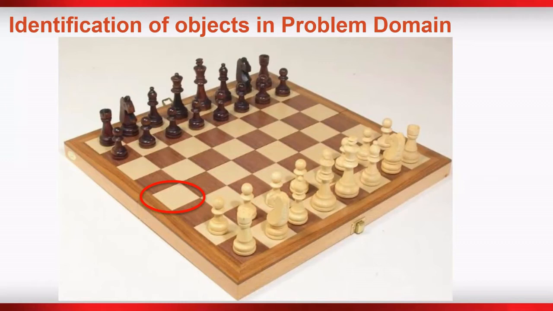Then each piece is an object. For example, the king of one player is an object. The king of another player is another object. Then the queen of one player is an object. Similarly, pawns, rooks, bishops, all these pieces, each one of them is an object.